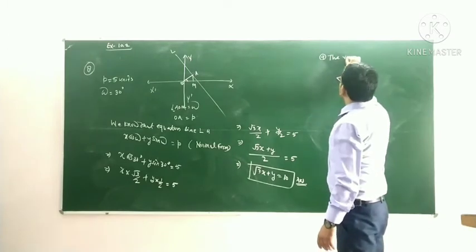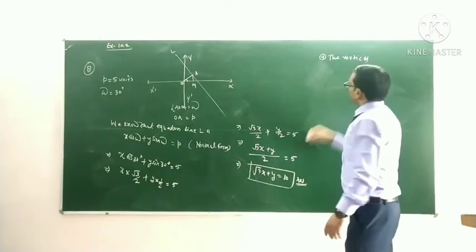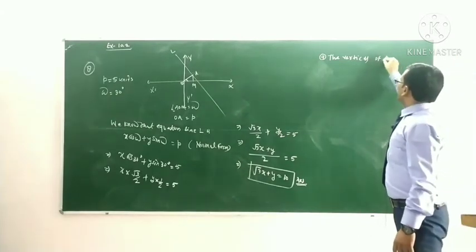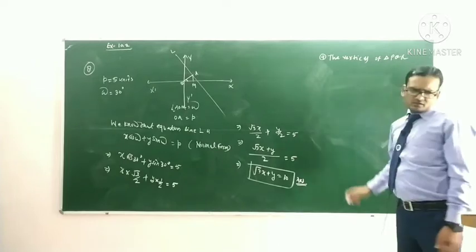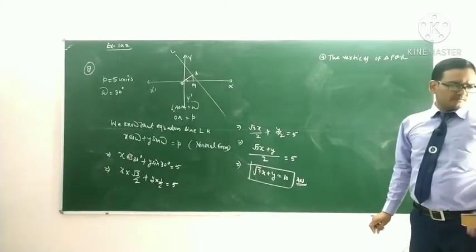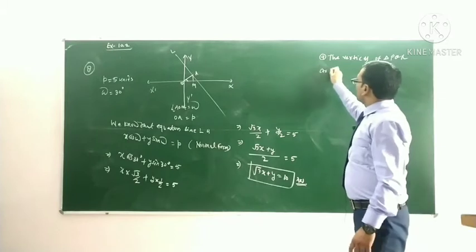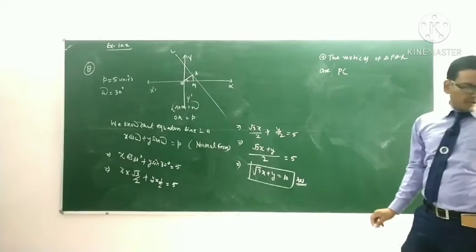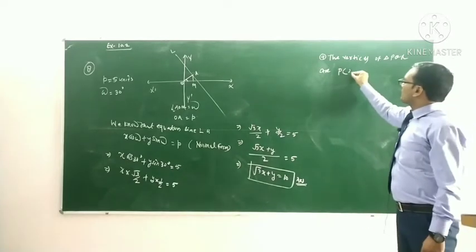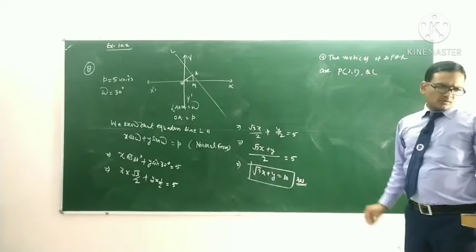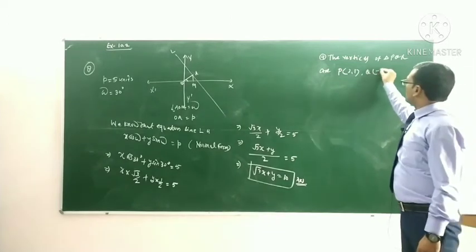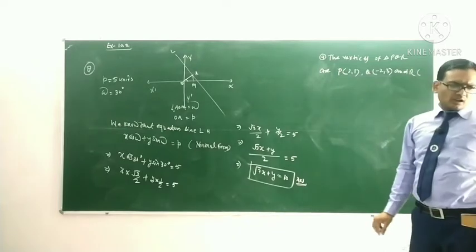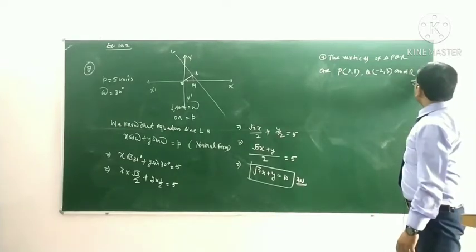Okay students, let us move on to question number 9. The vertices of triangle PQR are P(2, 1), Q(-2, 3), and R(4, 5).